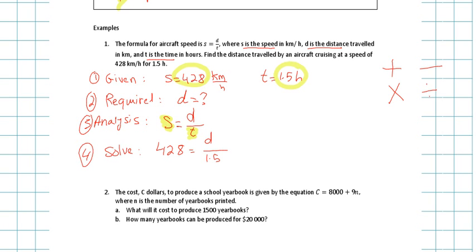Now, what kind of operation is there between the D and the 1.5? Division. That means if I want to do the opposite operation, I have to make it multiplication. So when I bring this over, it's going to become multiplication, because the opposite operation is multiplication.